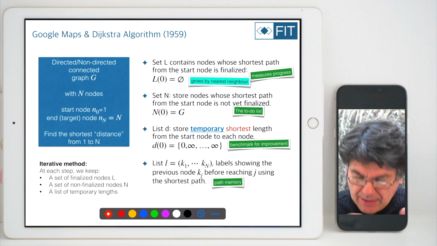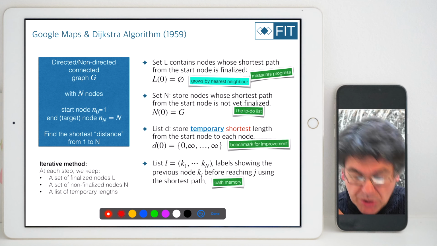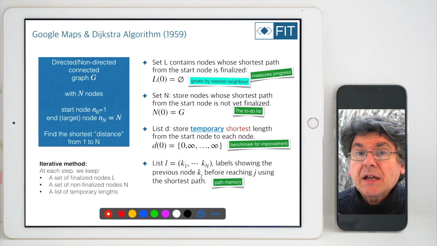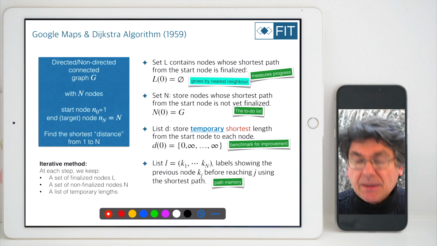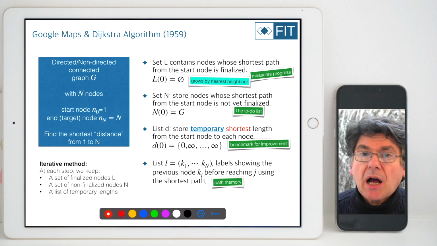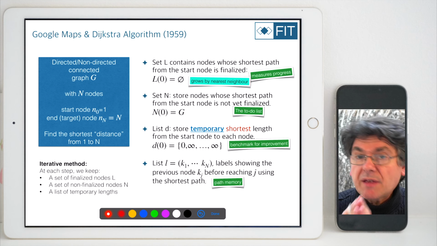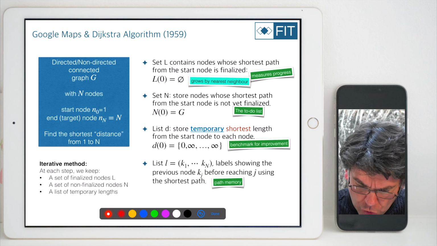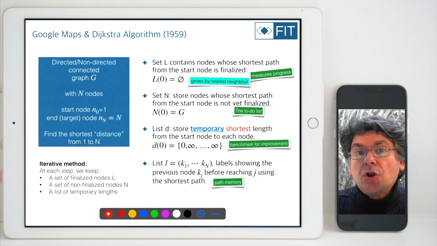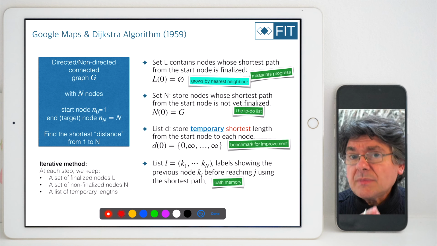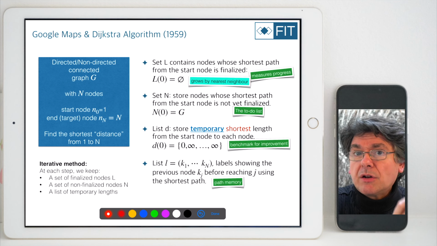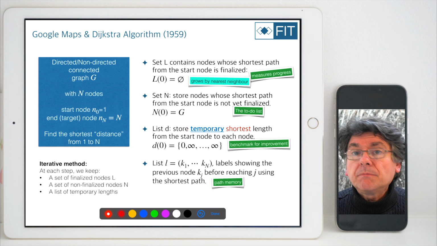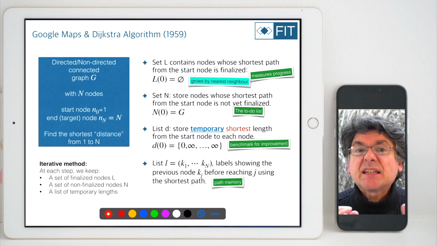So if the set N measures our degree of ignorance, the set L measures our set of information which is definitive. We know for sure that for certain nodes the shortest distance is a certain number. At the beginning, our ignorance is the full graph, and our knowledge is the empty set.